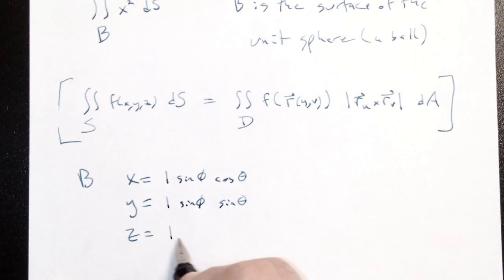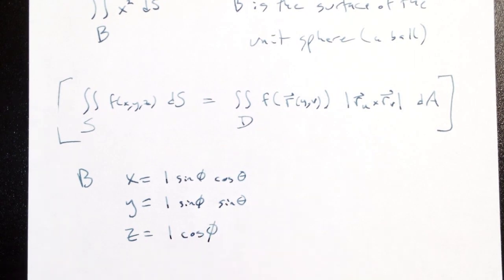And z is equal to R cosine phi. But that means I'm using theta and phi instead of u and v. The horror, the horror. It's the end of the world. I don't care.